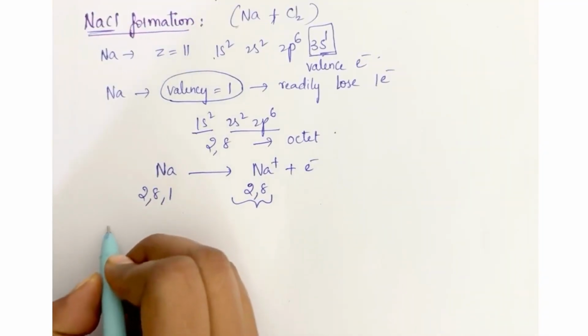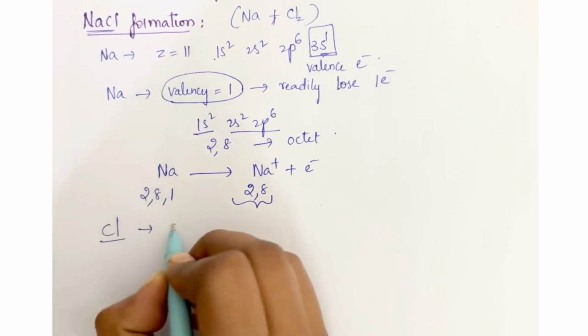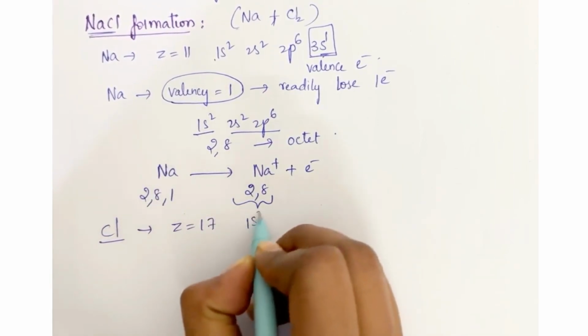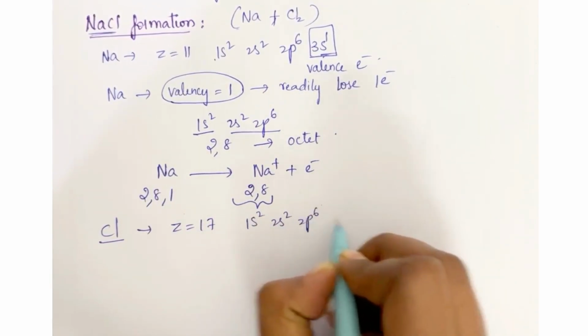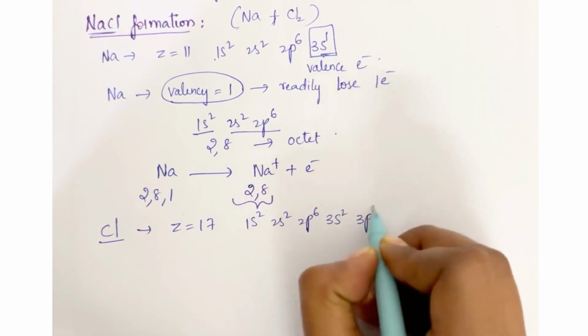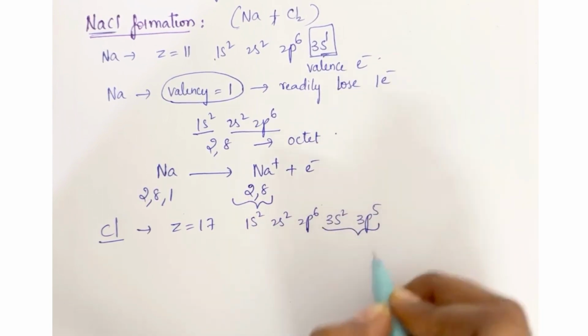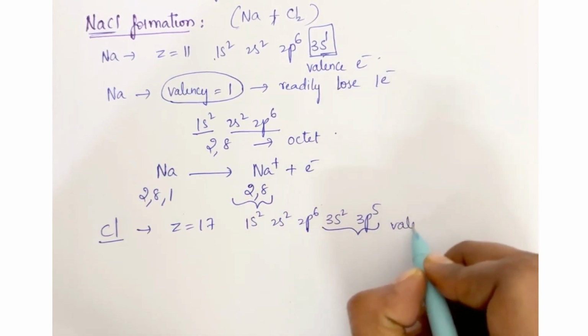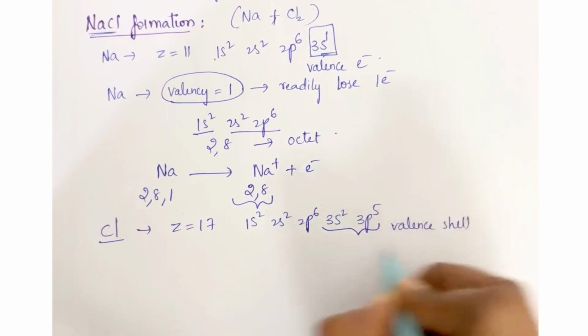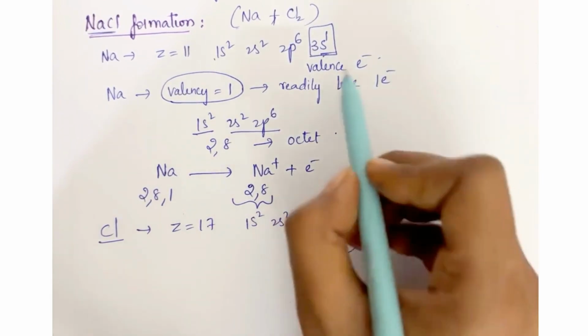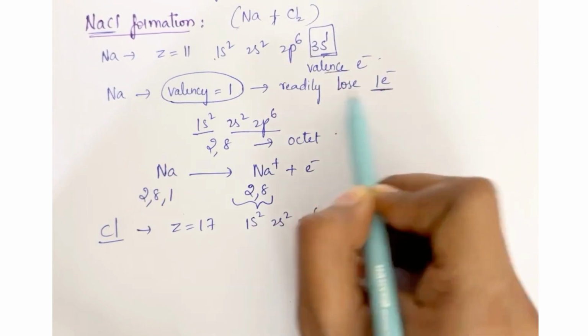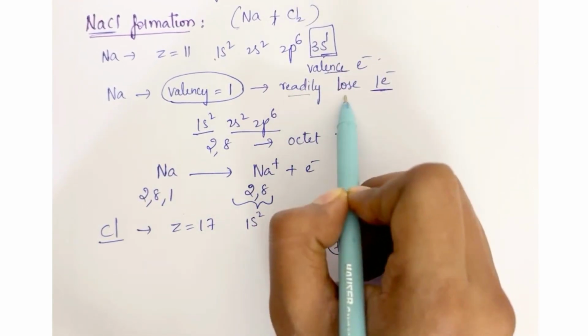The second step is to consider chlorine, where the atomic number is 17. The configuration is 1s2, 2s2, 2p6, 3s2, 3p5. Now the third shell is the valence shell, and that valence shell has 7 electrons. In sodium there was only one electron, so it readily lost that electron.